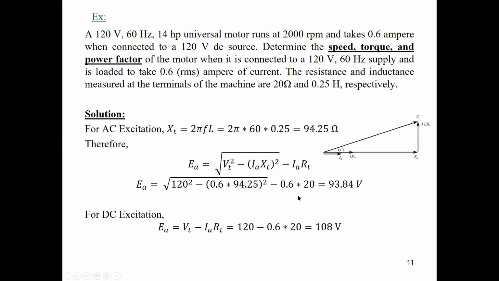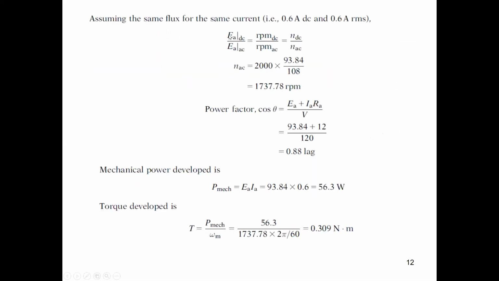So simply, when we compare the two excitations together, E in case of DC over E in case of AC equals RPM in DC divided by RPM in AC. So we can say RPM in AC equals RPM in DC multiplied by E in AC divided by E in DC. So this will be the value of speed in the AC excitation.